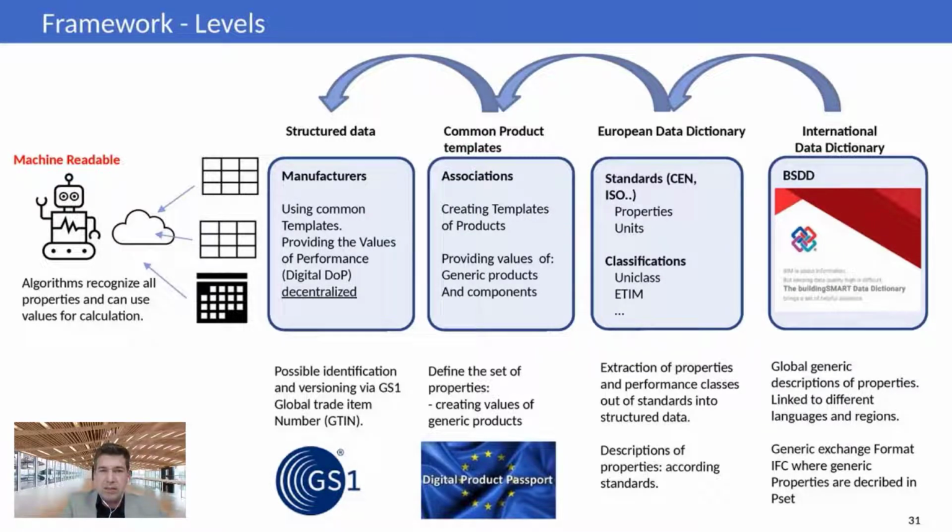And then it's still up to the associations or the industry to define which information is really important and in which context it has to be provided. And at the end, the manufacturers can provide this information in a decentralized way, and the algorithm can put everything together without any problems, because everything is aligned.